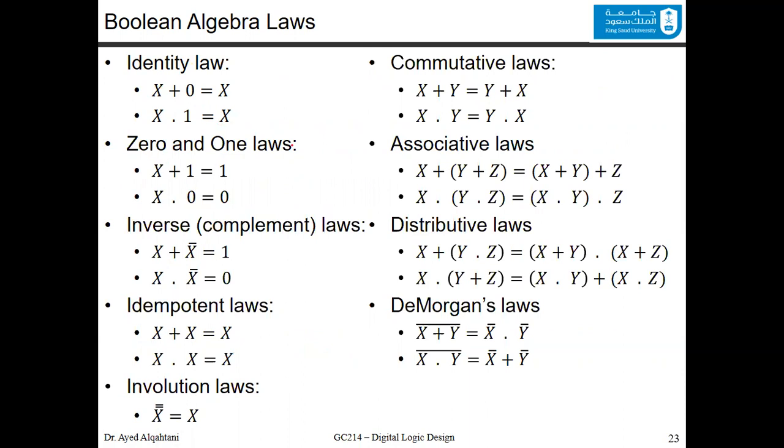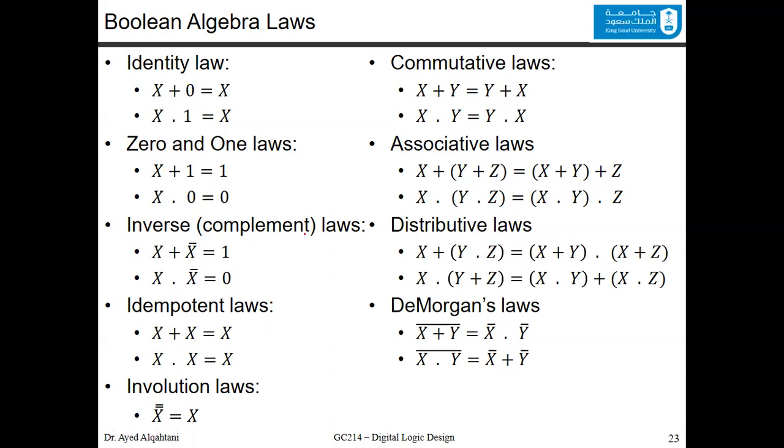The 0 and 1 law: you can see that we exchanged the operations here and we changed the 0 and 1. So what happens now, if you OR anything with 1, the result will be 1. If you AND anything, x in this case, with 0, the result is going to be 0.